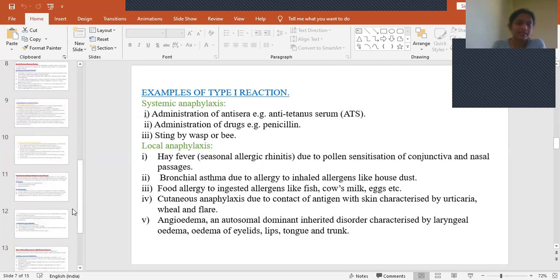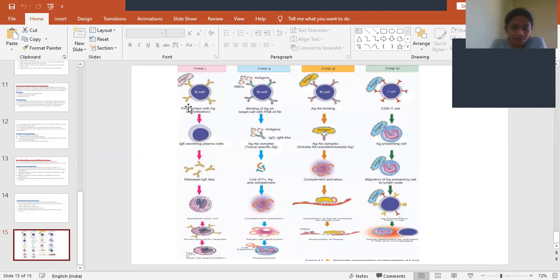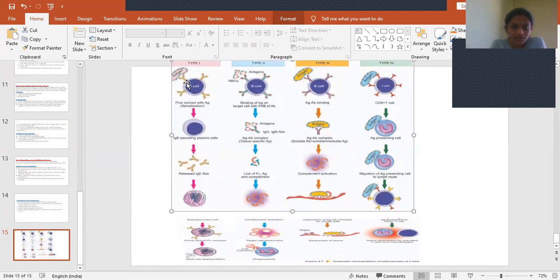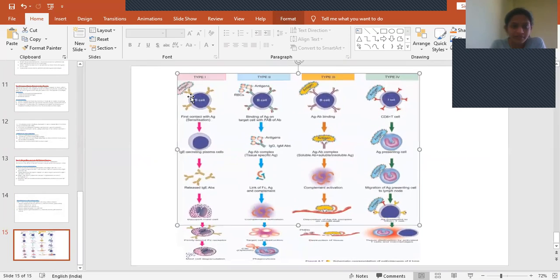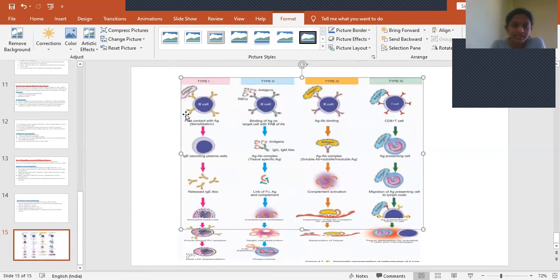So now we'll be seeing this picture. If you see this, when this antigen first comes in contact with a B cell, it undergoes sensitization. Once it undergoes sensitization, it forms a plasma cell. This plasma cell will release IgE antibodies.